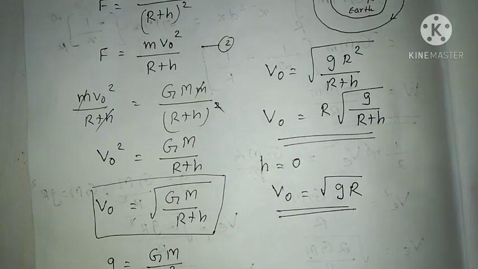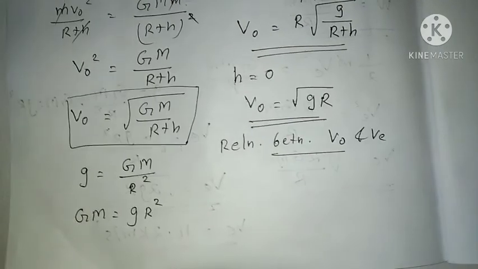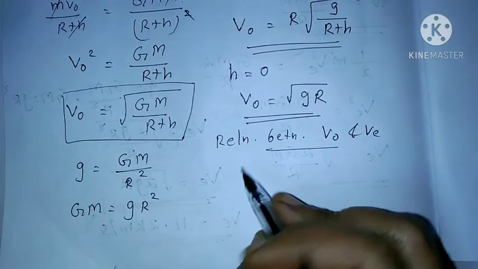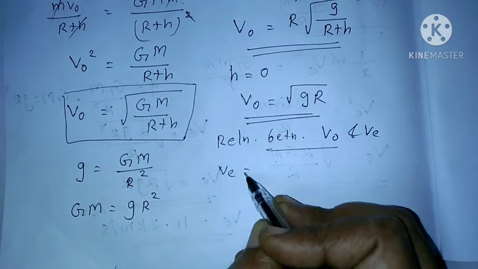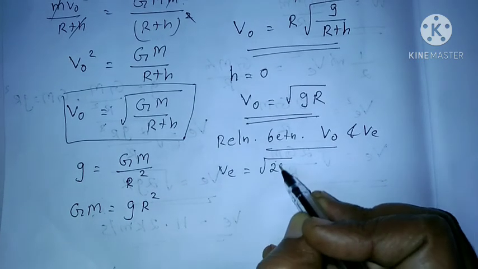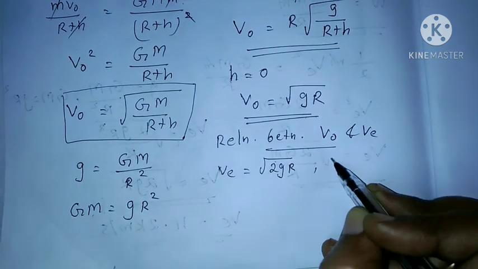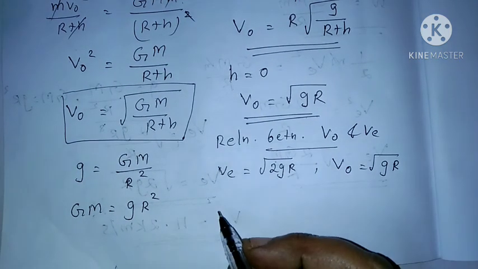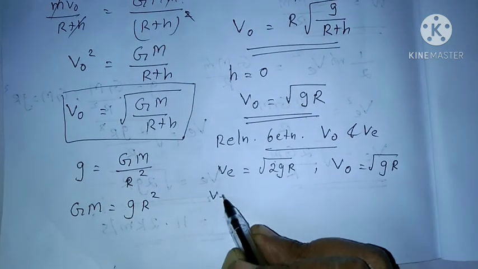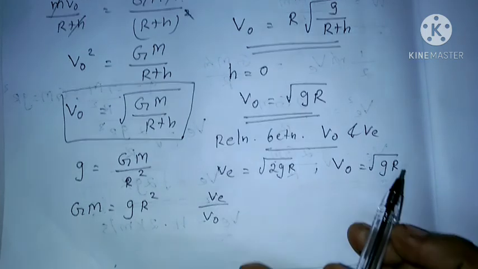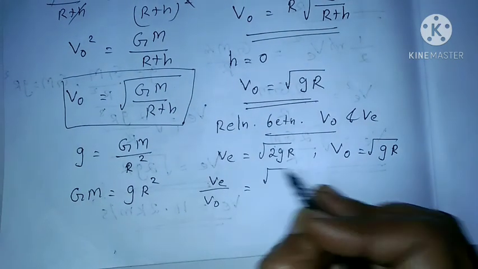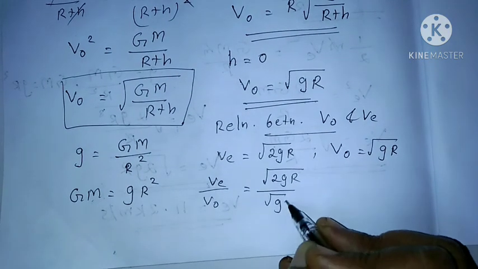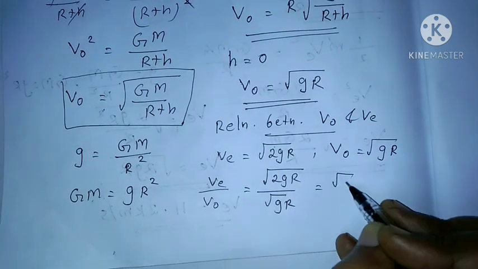Clear? So what is the relation between this orbital velocity and the escape velocity? You know that the escape velocity Ve equal to root of 2gR and the orbital velocity v0 equal to root of gR. So when you take the ratio of these two, Ve divided by v0 is equal to root of 2gR divided by root of gR, that is equal to root 2.